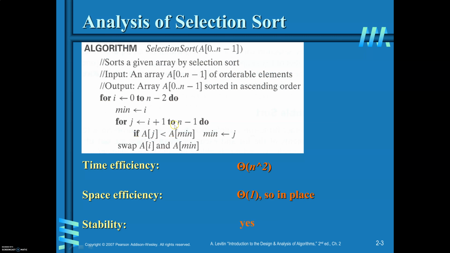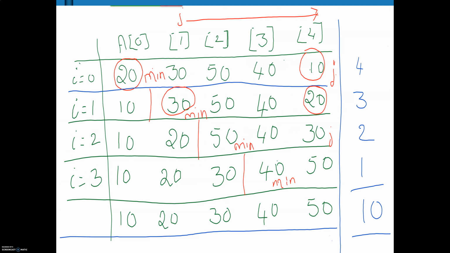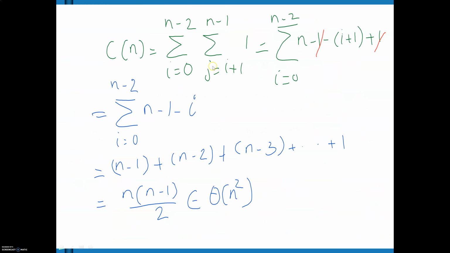Compare. Now in this comparison is the basic operation performed in this algorithm. Outer loop i is varied from 0 to n minus 2 and the inner loop is varied from i plus 1 to n minus 1. Therefore, this is the analysis part.